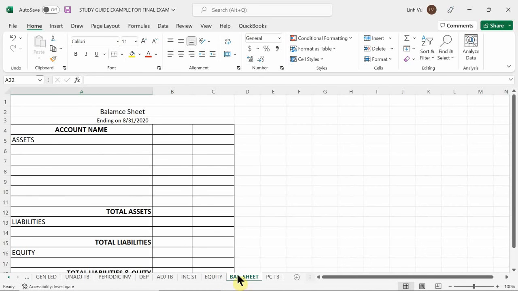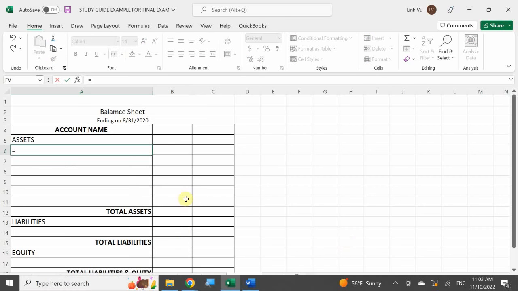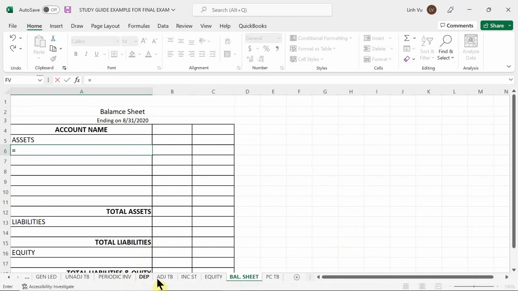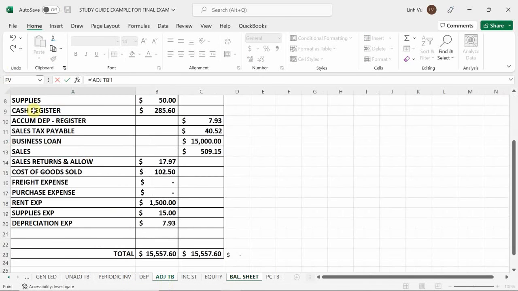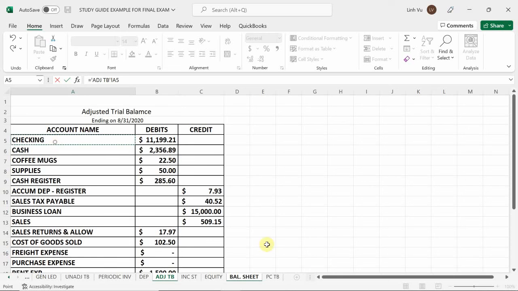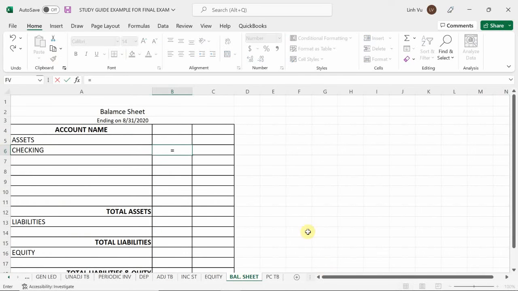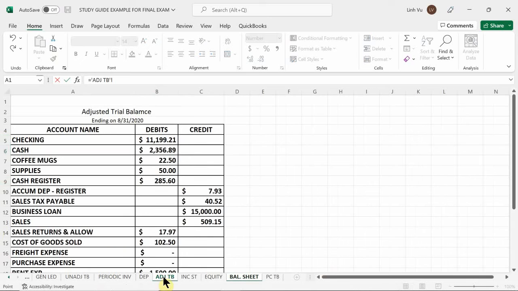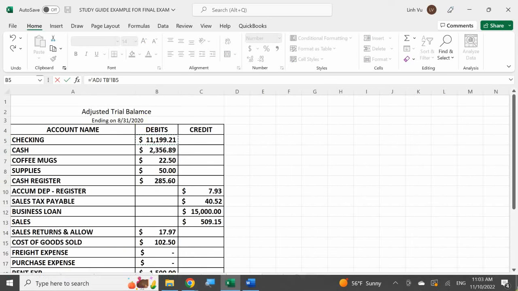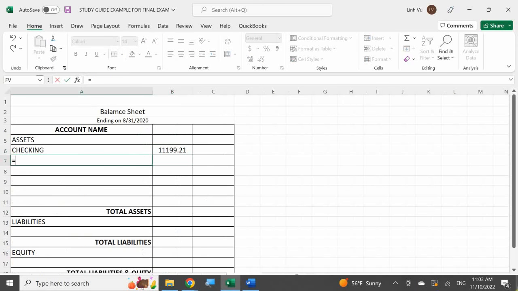So my trial balance, what are my assets? It would be your cash, your checking account first. Checking account is a total of $11,199.21.